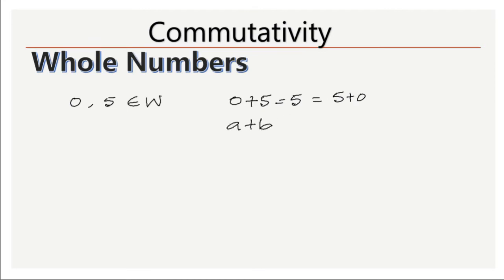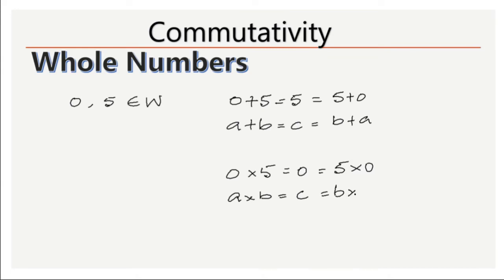So A plus B will be equal to C, which is equal to B plus A. At the same time, 0 into 5, the product is 0, which will be equal to 5 into 0. So A into B equal to C, which is equal to B into A. So the order of addition and multiplication can be changed in the set of whole numbers also.